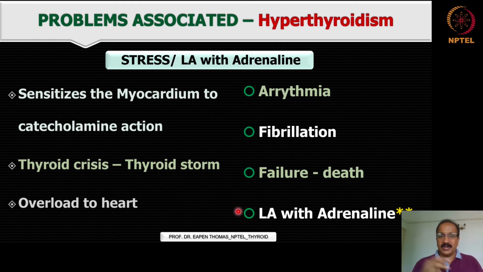I told you it stimulates the heart. So if the patient is hyperthyroid and you are using LA with adrenaline, we should be very careful because adrenaline can cause a further stimulatory effect on these patients, and a hyperthyroid patient can develop a thyroid storm or thyroid crisis. Remember that. So these are the things that you should consider, the problems associated with hyperthyroidism.